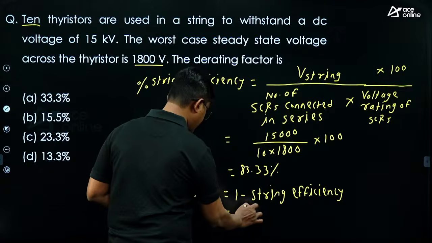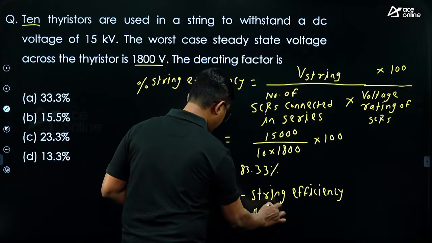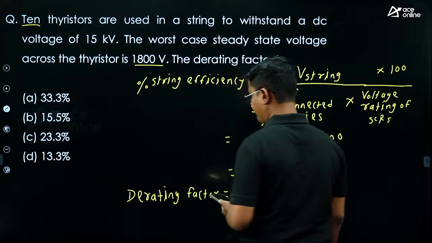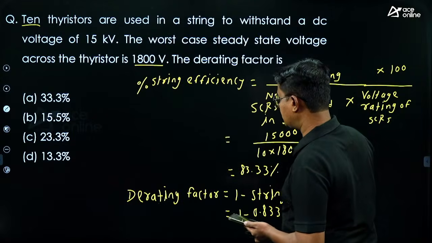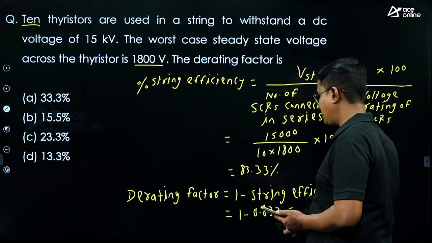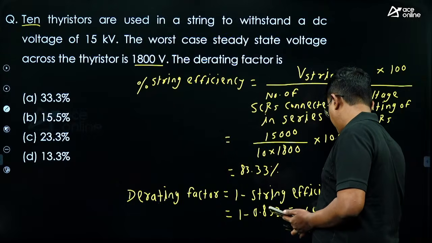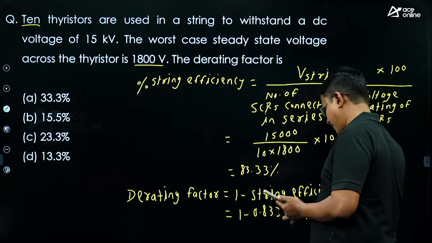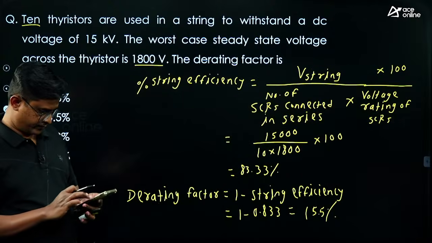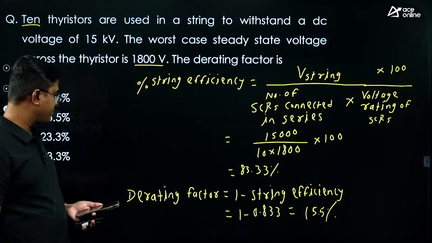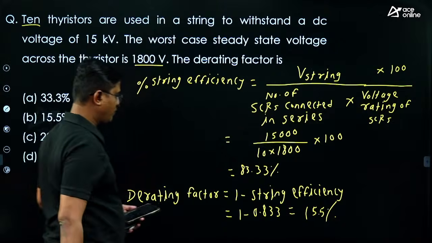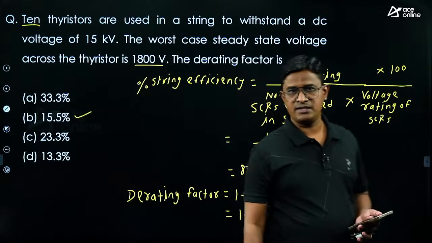So it is 1 minus 0.833. So if you see, it will be equal to, I think, 15%, right, approximately 15.5%, correct? Correct, 15-16 approximately, right. So option B is the more suitable option, right.